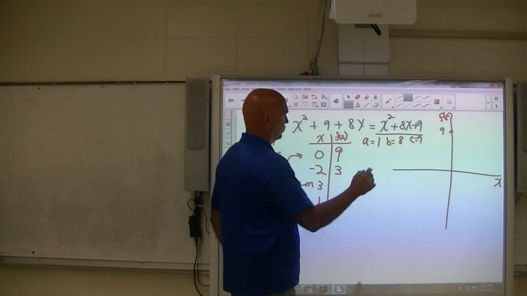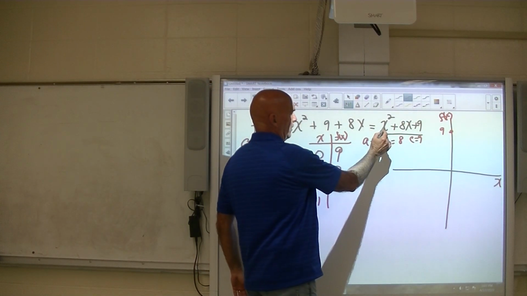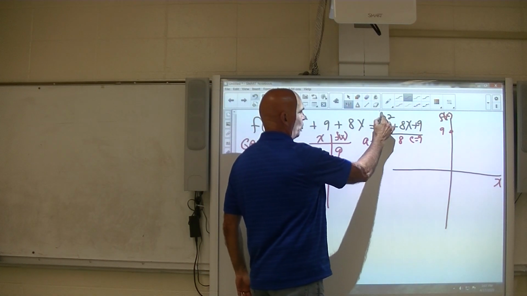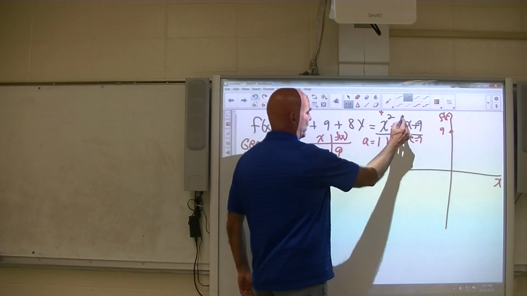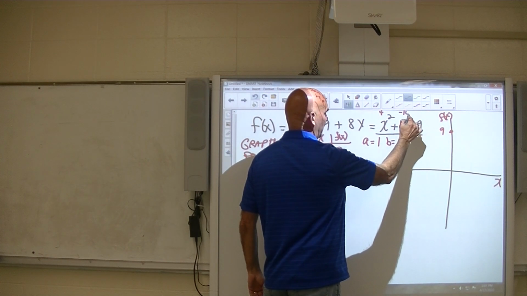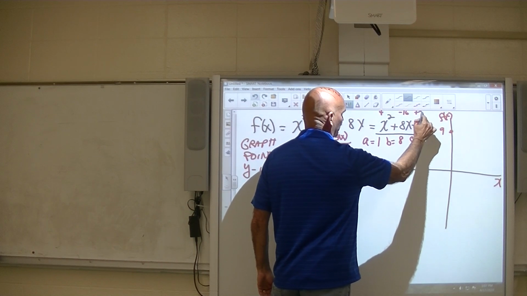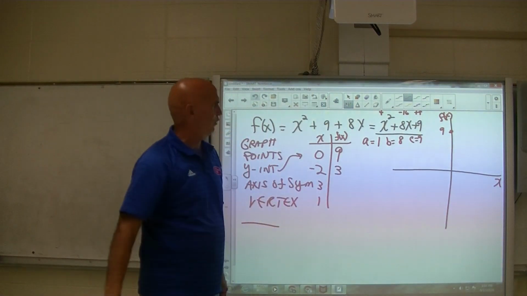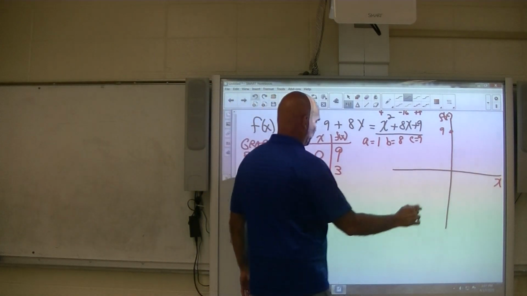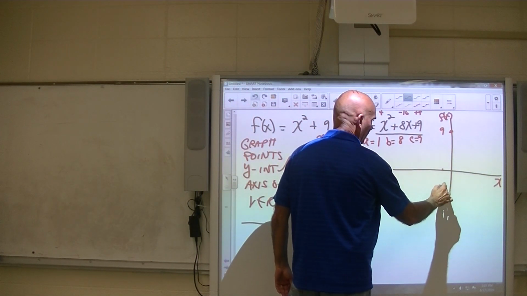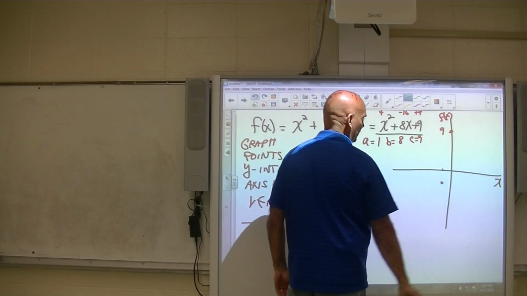We can do this in slow motion here. So -2 squared is +4, and then 8 times -2 is -16. Yeah, so that's -12 plus 9. -12 plus 9 is -3. So the point is -2, -3, and it looks like that right there.